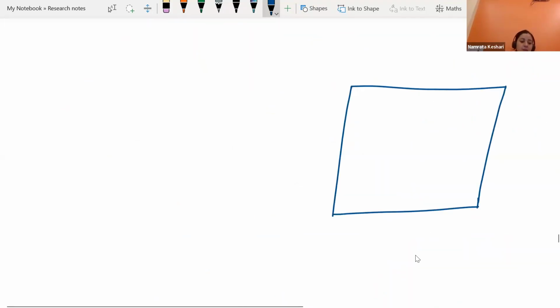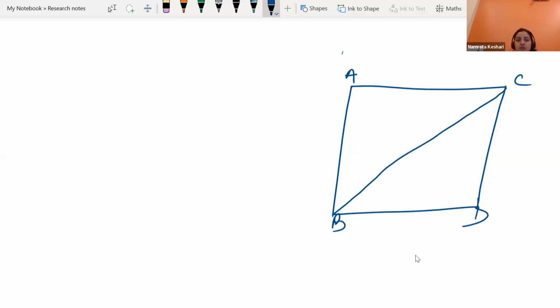Okay, here we are having a parallelogram. The name is ABCD. From your book, I have taken question number 5. The name is ABCD and it looks like this. Like this parallelogram, one more quadrilateral we are having, which looks like this.